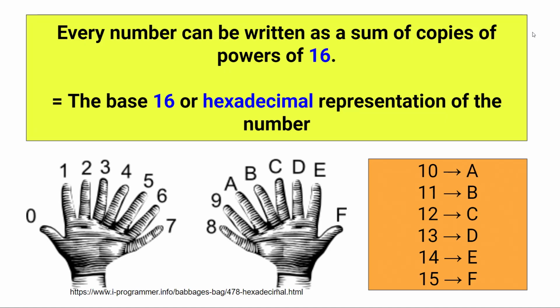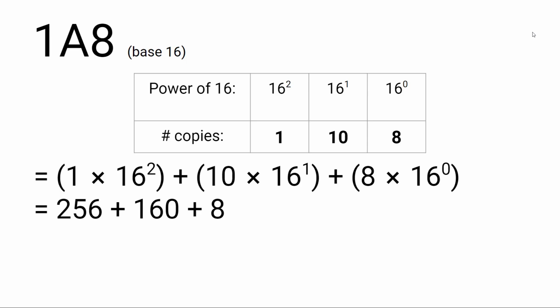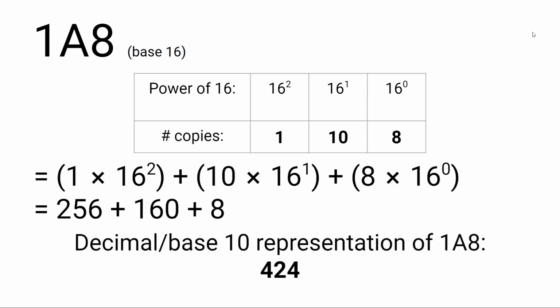For example, the hexadecimal number 1A8 is 1 times 16 to the second plus 10 times 16 to the first plus 8 times 16 to the 0, and that is 424 in base 10. Converting the other way, look at the decimal number 250.